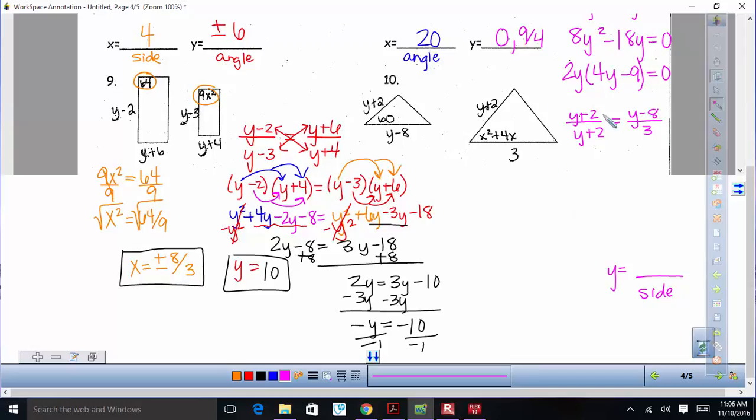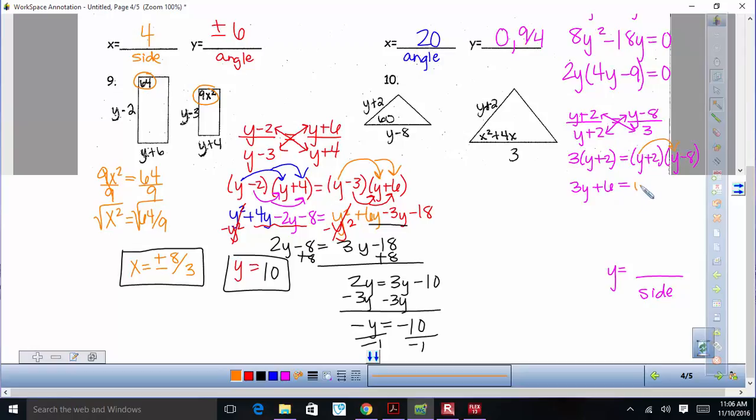Okay, so we're going to take y plus 2 and multiply it by 3. So I'm going to write 3 times y plus 2. And then I'm also going to do y plus 2 times y minus 8. I'm going to distribute out this 3, which gives me 3y plus 6 equals, and then I've got to distribute this y.